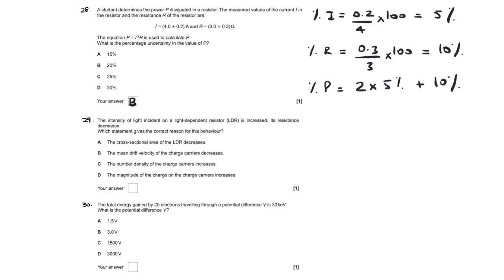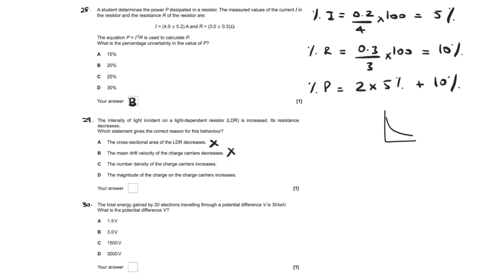For question number 29, the intensity of the light incident on a light-dependent resistor is increased. And we know resistance decreases, as the graph, again, looks something like this. Now, which statement gives the correct reason for this behavior? A, the cross-sectional area of the LDR decreases. No, it doesn't. It's independent. B, the mean drift velocity of the charge carriers decreases.